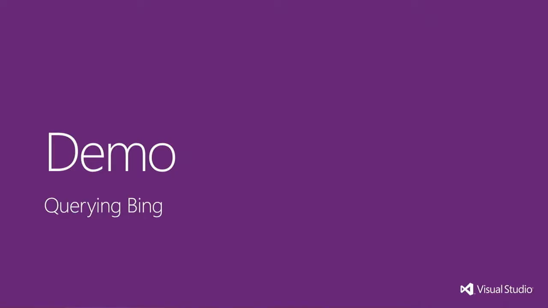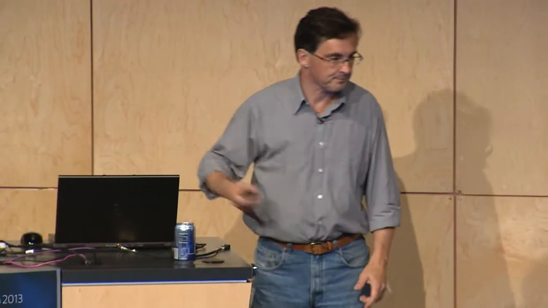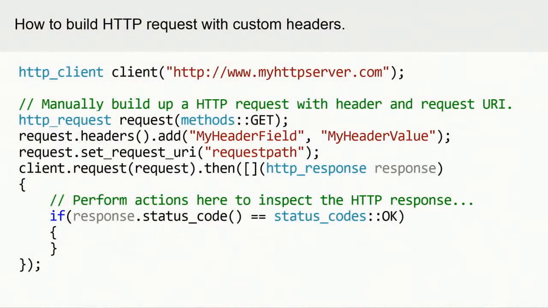OK. So we also have additional, I mean, there's a lot to HTTP. One of the places where you can pass data is in the URI string. Another place where you can pass data is in the headers, and so we have a way of explicitly adding headers to a request, of course.